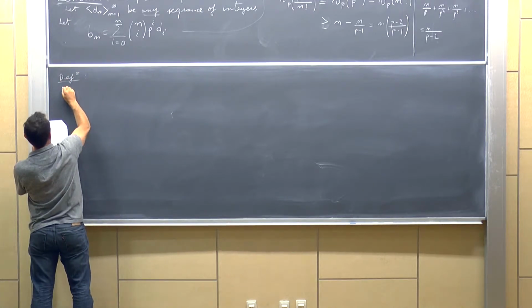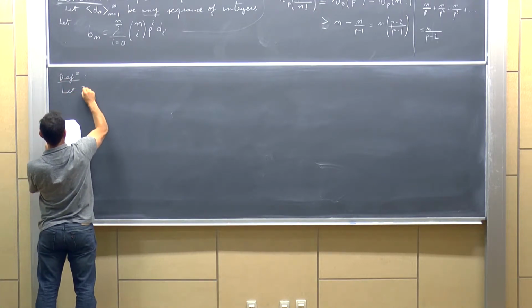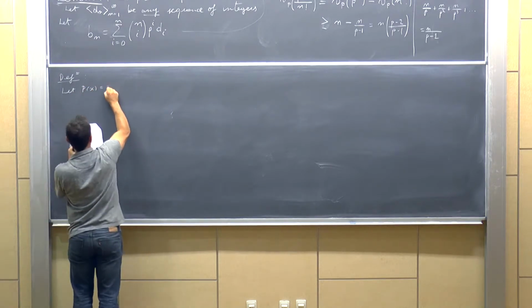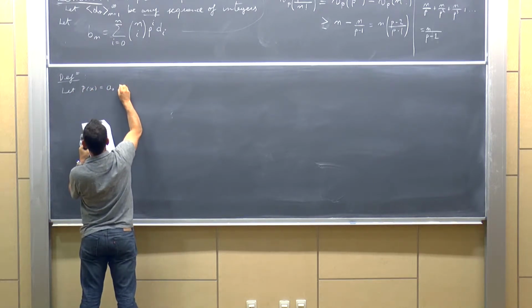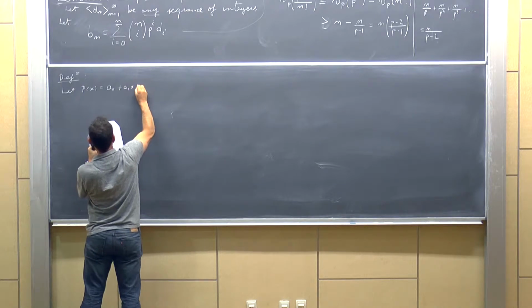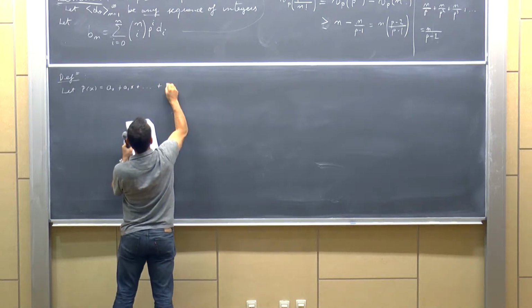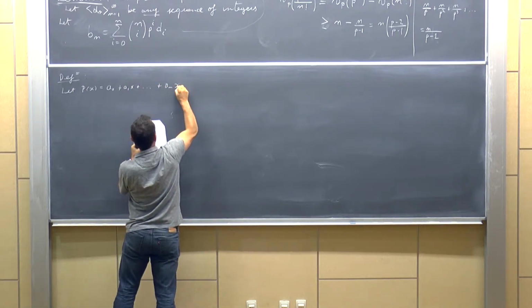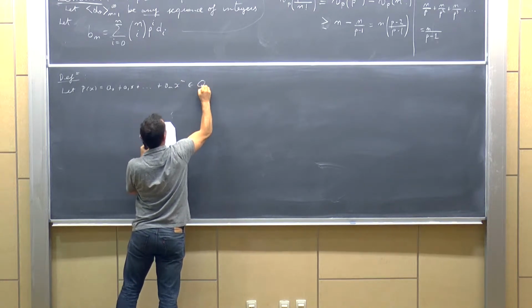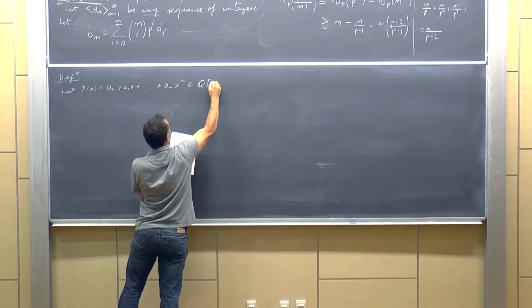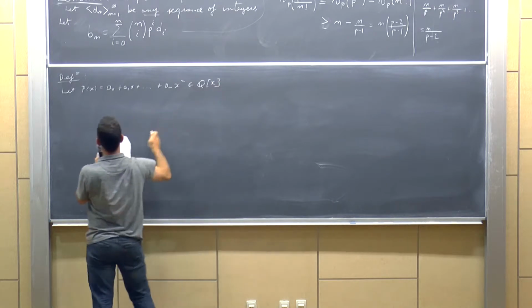Okay, so let p of x be a polynomial a0 plus a1x plus dot dot dot plus an x to the n. Let this be a polynomial with rational coefficients.